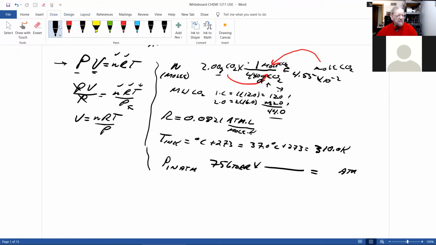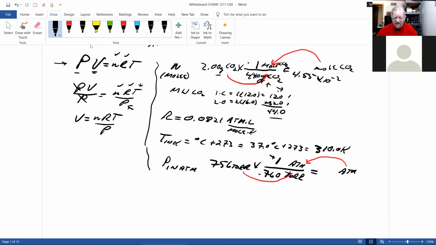So we'll use our good buddy, our good friend, unit analysis. Whatever we're trying to get to goes on top of the ratio. Whatever we're trying to get rid of goes underneath. And where do we get that? From important information, test number 3, 1 atmosphere is equal to 760 torr.